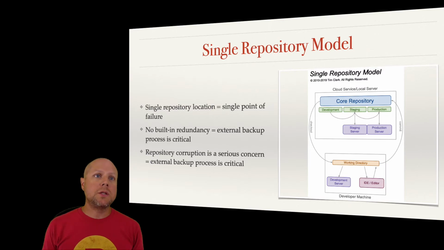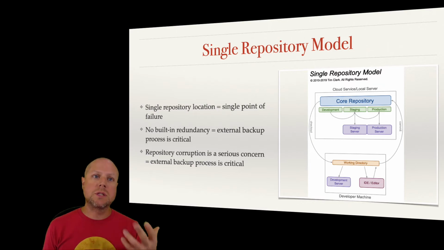So with that single repository model, it became super important that we had a really good IT team that was doing a really good job backing things up and really fast at restoring backups, and that the backups for things like this were done as frequently as possible. And of course, just like with the entire repository not being accessible, there's also the possibility that it gets corrupted.